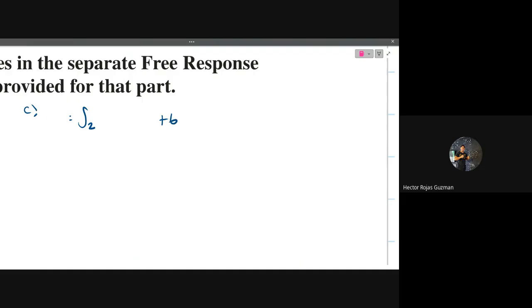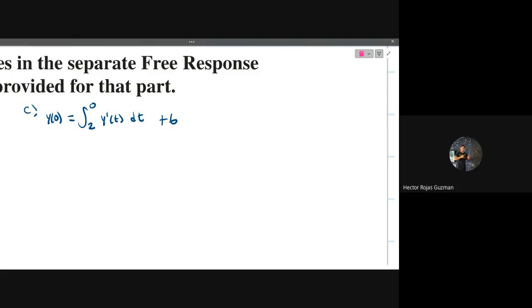Oh, and you know what? Let me put y of 0 because we want to find the position of the particle at 0. Okay, so now we have y prime of t dt. You don't have to write the actual equation, just set it up. And because we're doing this with the calculator, you can just plug it in the way it is.